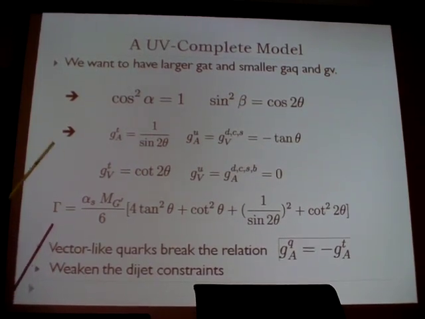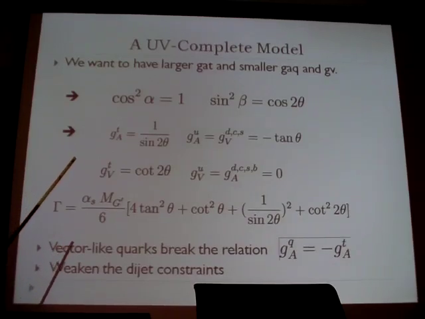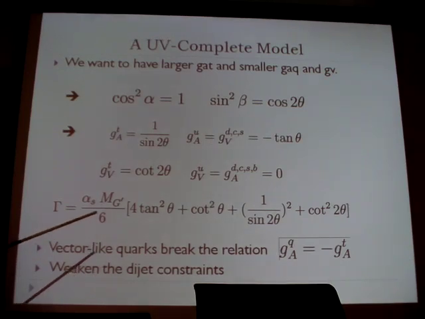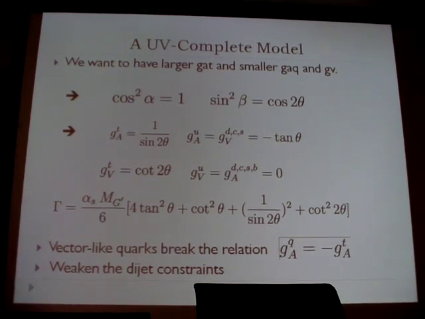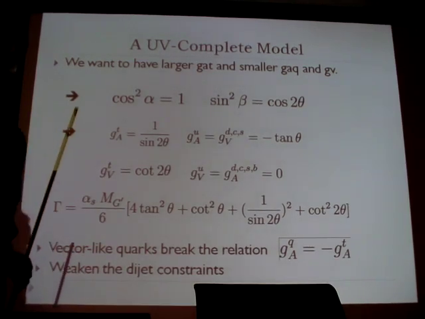How does it minimize the dijet constraint? Because it's the strongest constraint in most of the parameter region. But what are you doing to weaken the dijet constraints? Because the dijet constraint is proportional to g_A^Q, so we cut that down. I see. Okay, got it.